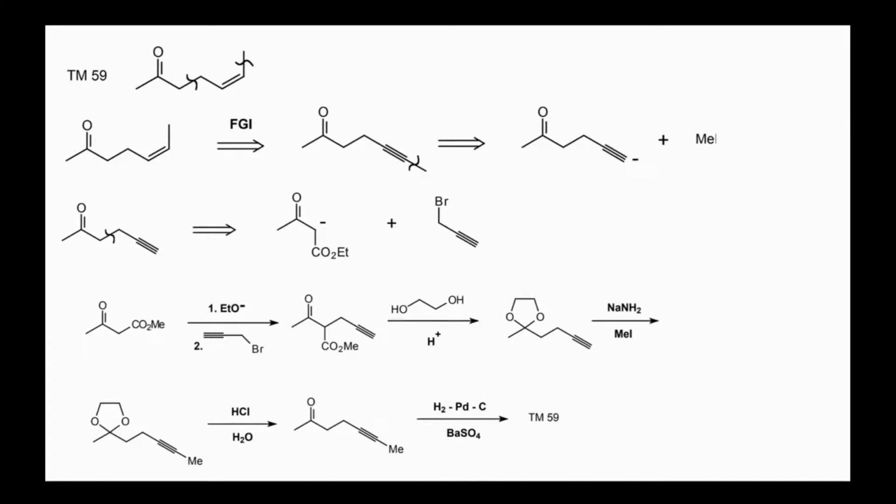So all you need is HCl and water to remove this acetal. And in the next and final step, you can convert this alkyne into alkene using H2, Pd/C, barium sulfate catalyst. So this is how you can use this retrosynthetic analysis to reach a target molecule. Let's move on to the next example.